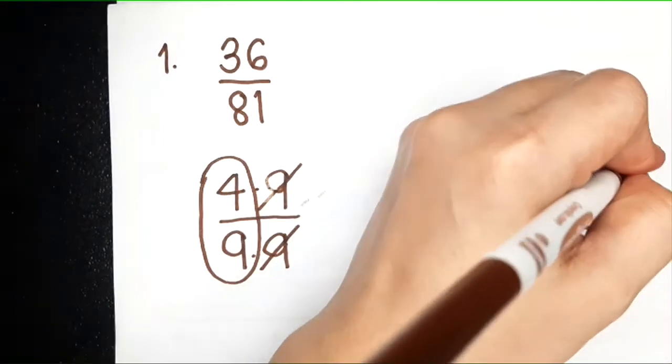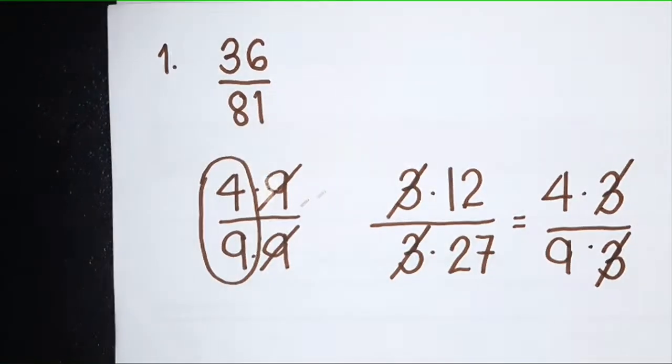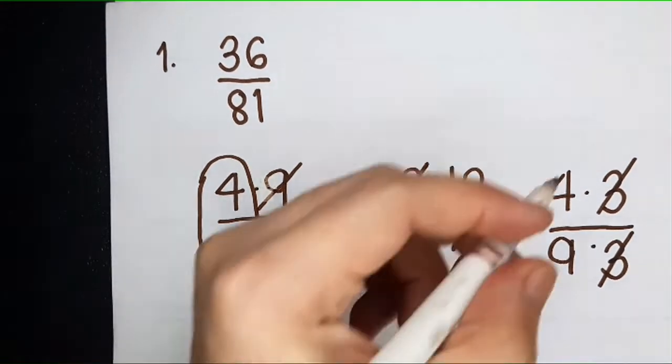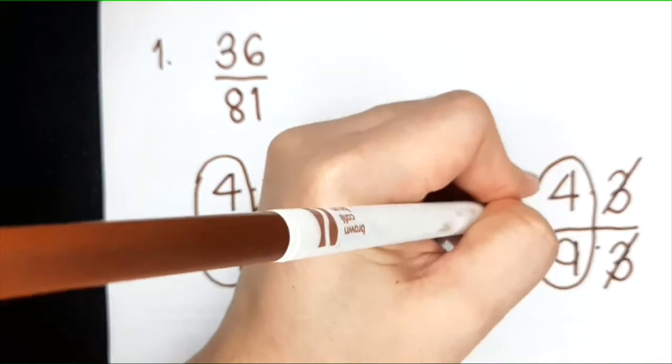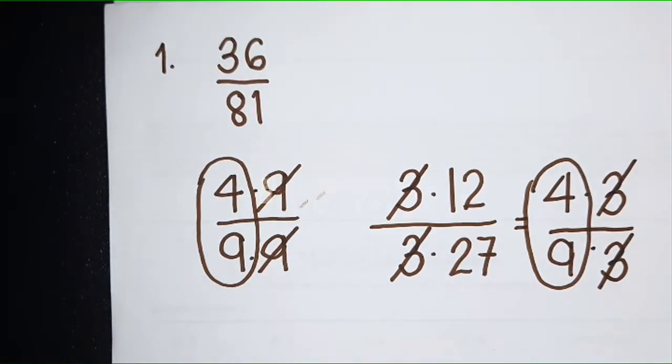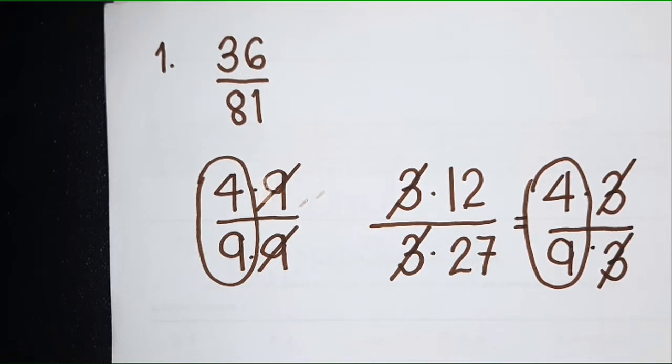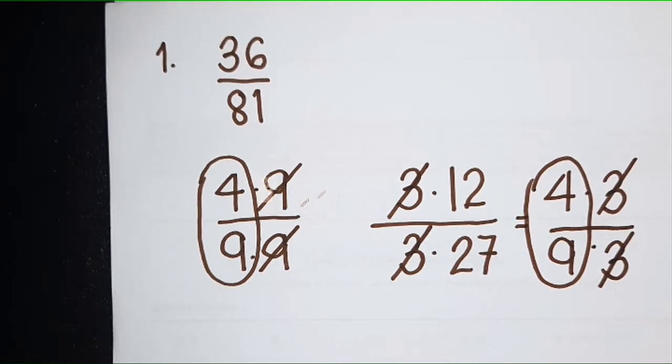Alright? So, you can cancel again these factors. And then you see, you have 4 over 9 as its simplest form. No more common factors. Of course, aside from 1. Alright? Okay.